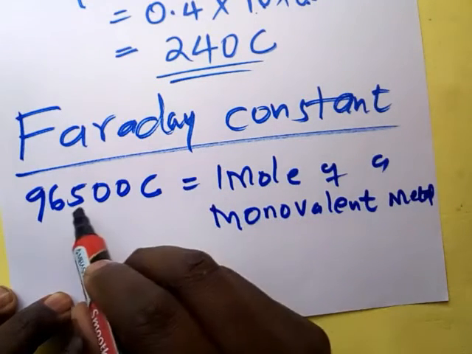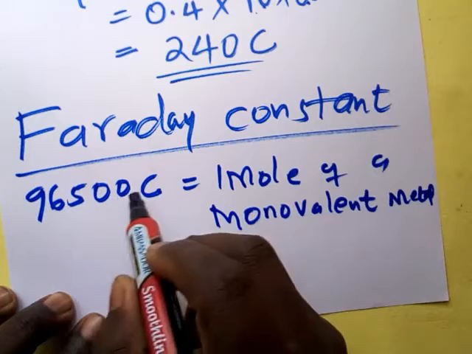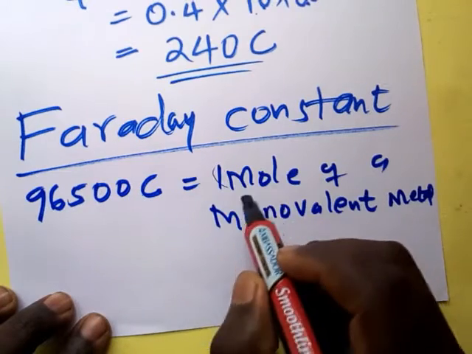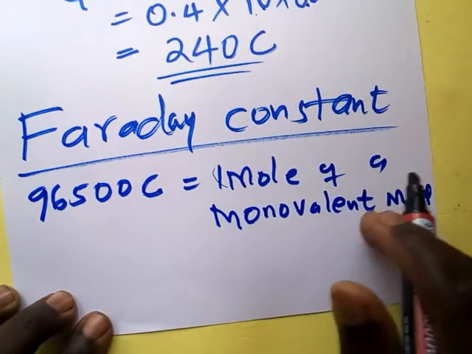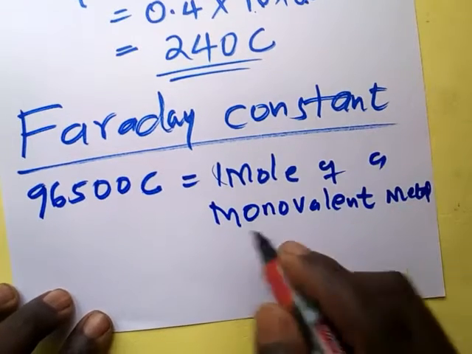That 96,500 coulombs were required to produce 1 mole of a monovalent metal from its ions.